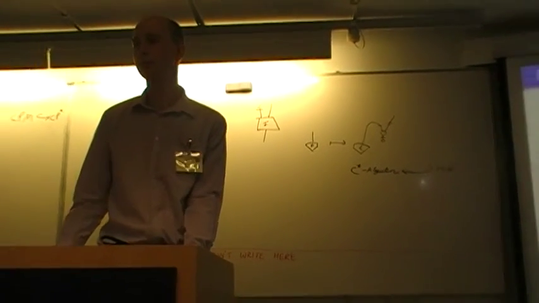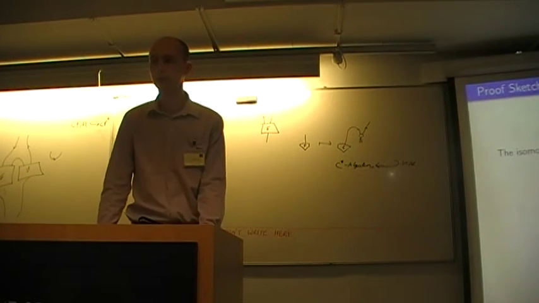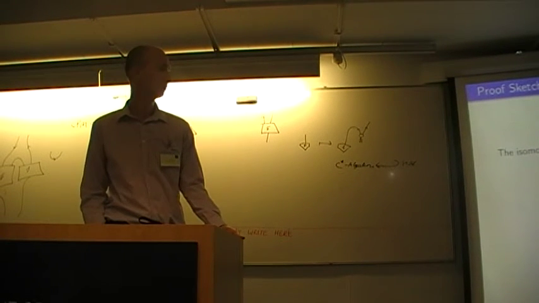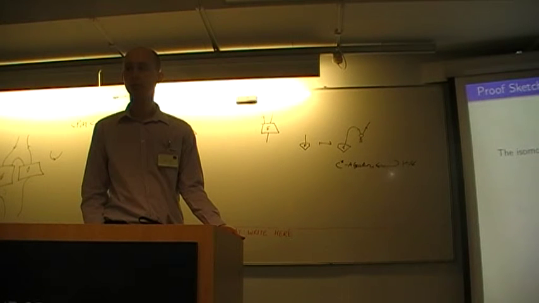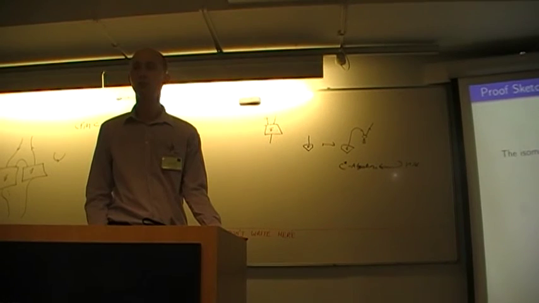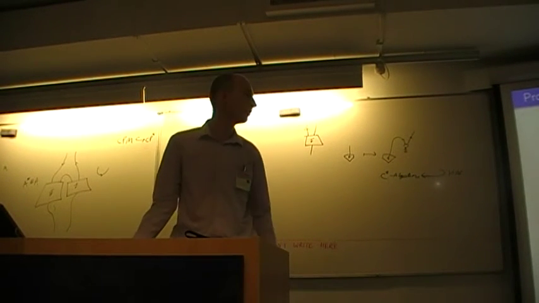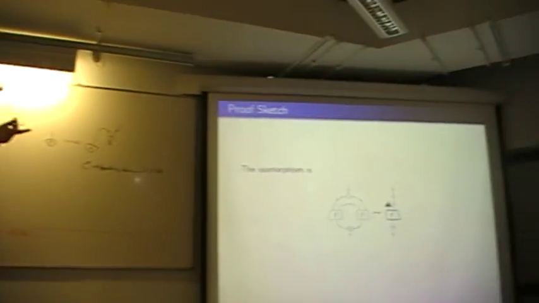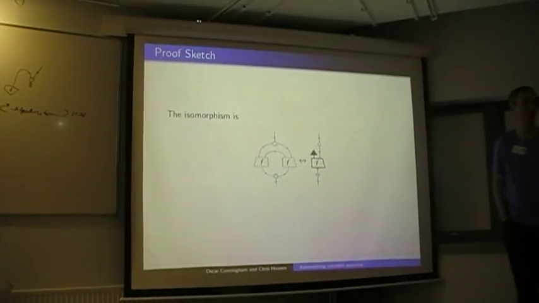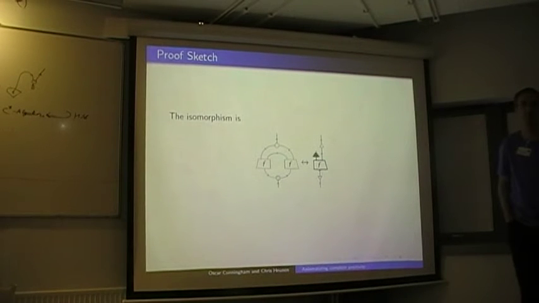Yes? Am I right in assuming that the triangle map over there is the abstract equivalent of the embedding of a C star algebra into an algebra of operators? Is that the intuition behind this? That's certainly true when your C star algebra is a classical algebra.